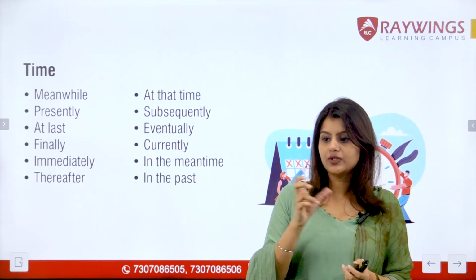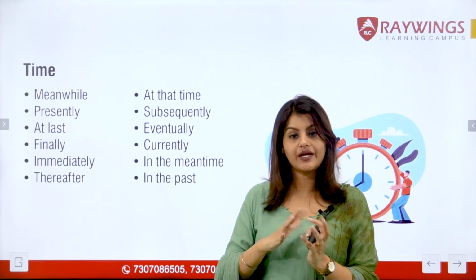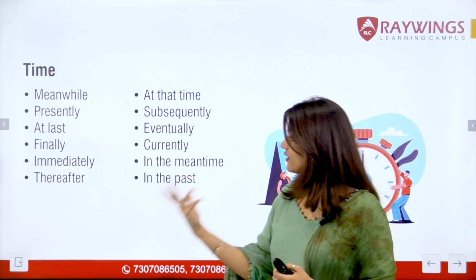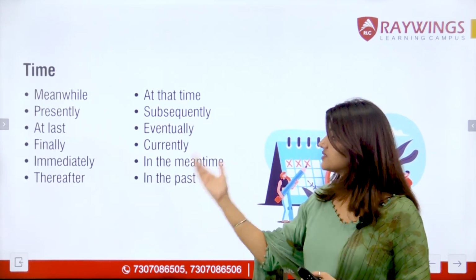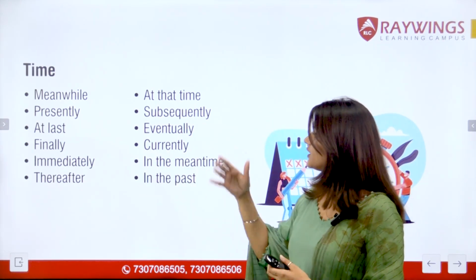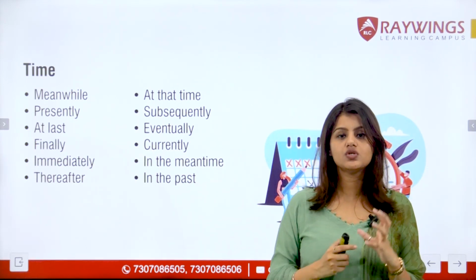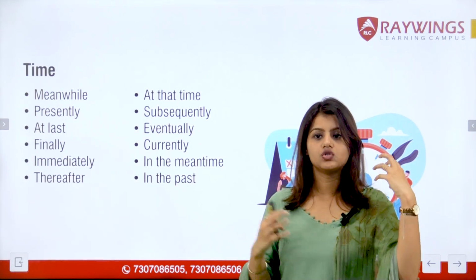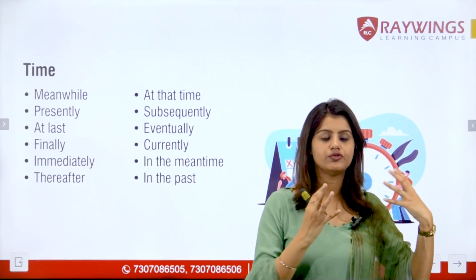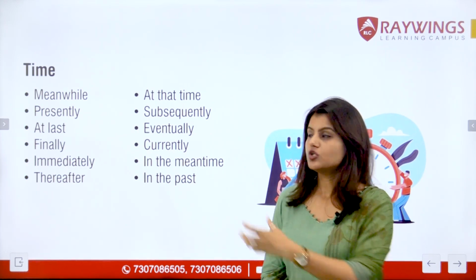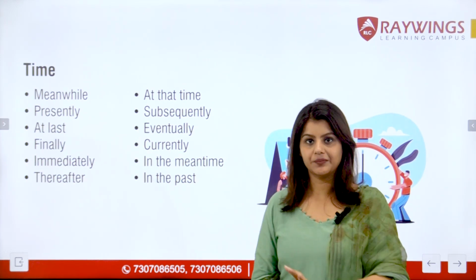So आपने यहाँ पे दो sentences का time से आपने उसको join किया है by adding the word immediately. Then thereafter, at that time, subsequently, eventually, currently, in the meantime, then in the past. So whenever you are wanting to join two sentences, or you want to move from one sentence to other by adding a word which is related to time, so these are some examples for that.